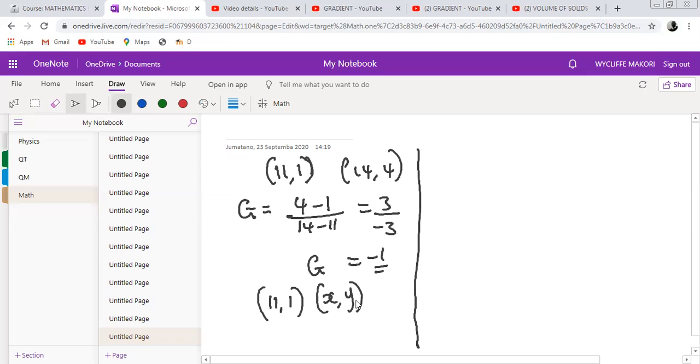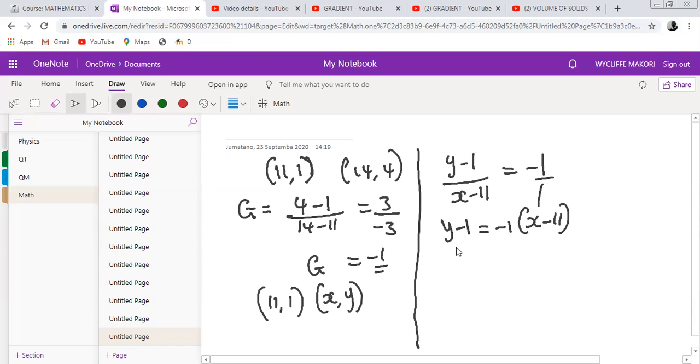If we do change in y, so it is y minus 1 over x minus 11, they should give us the same gradient that we calculated here, which is negative 1 over 1. Do the cross multiplication, which is y minus 1, because if you multiply by 1, it will not have any effect, is equal to negative 1 into x minus 11.